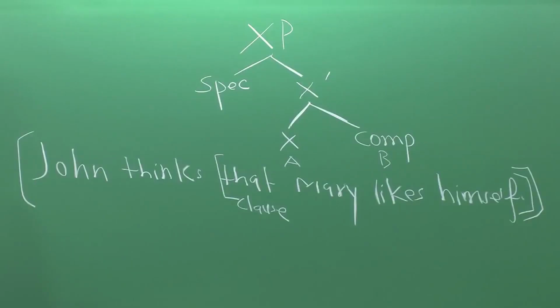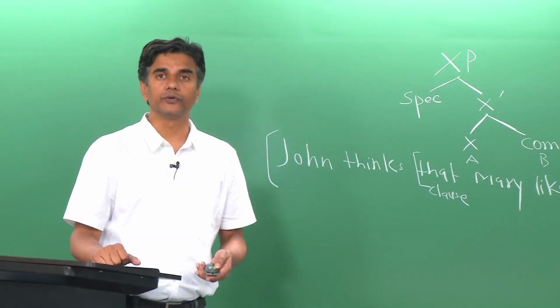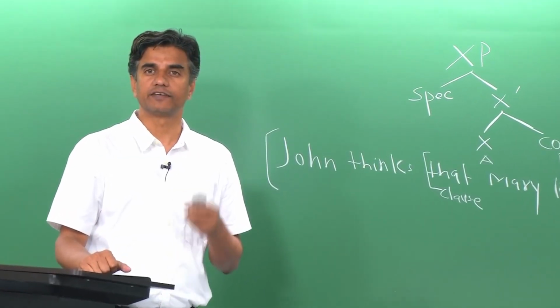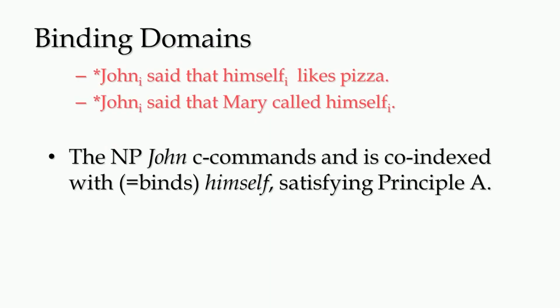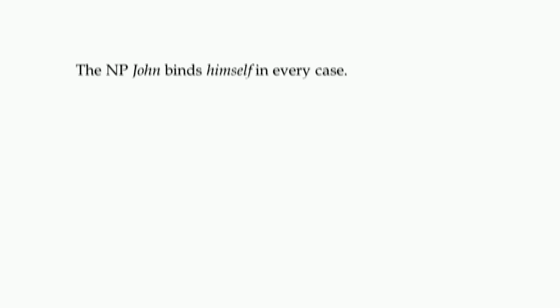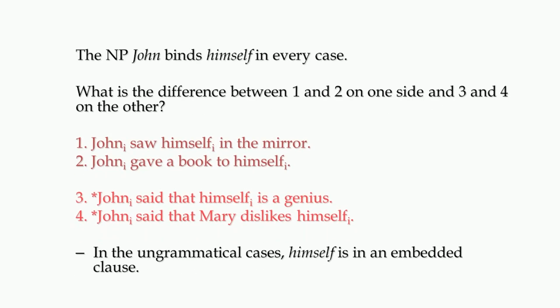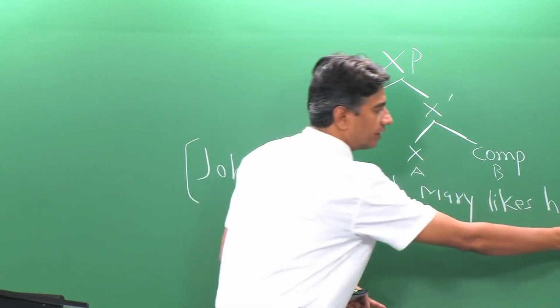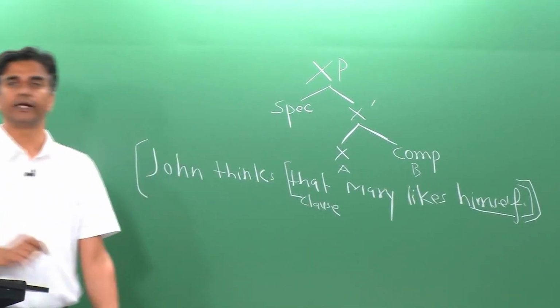Now, the problem in 3 and 4, and also in the sentences that we have seen before, in these two sentences on your screen, "John said that himself likes pizza" and "John said that Mary called himself", in both these sentences, and on this screen in number 3 and number 4, the anaphor himself is part of the embedded clause.